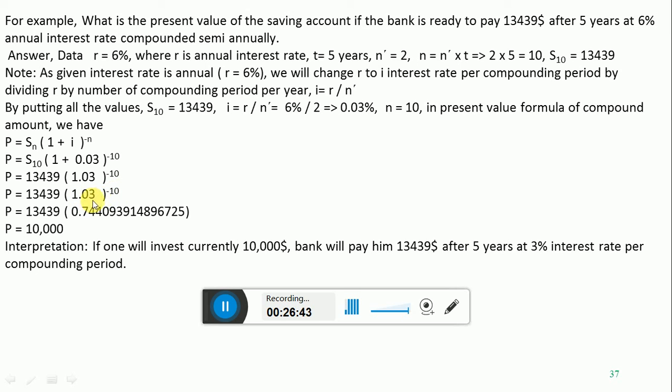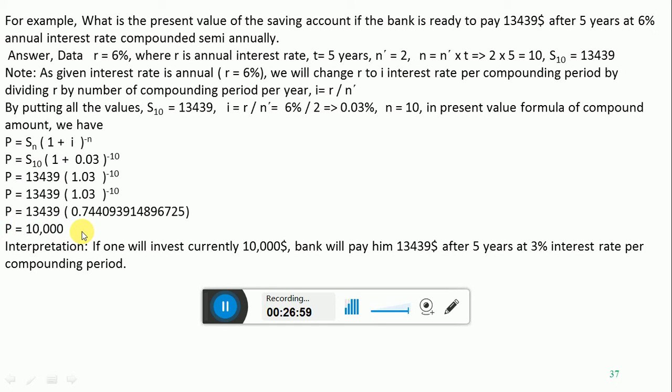Now 1.03 raised to the power minus 10 is equal to 0.74409. When we multiply 13,439 with 0.744, we will find $10,000. P is equal to $10,000.